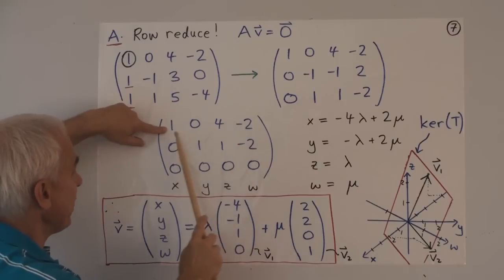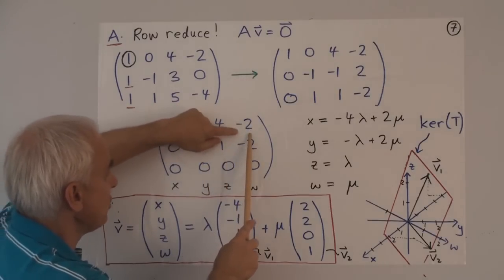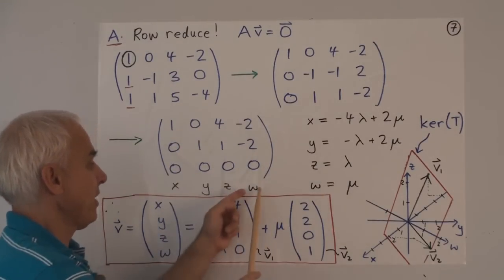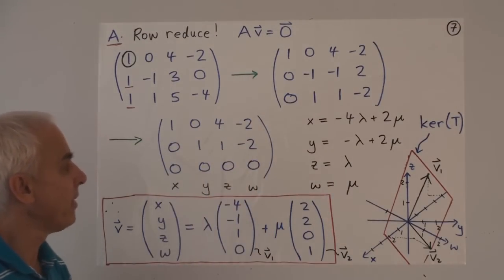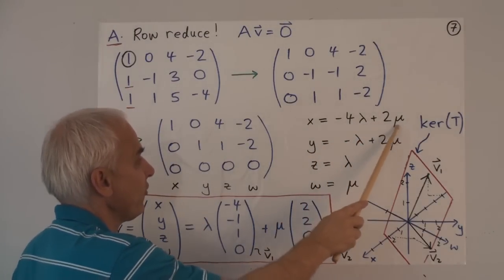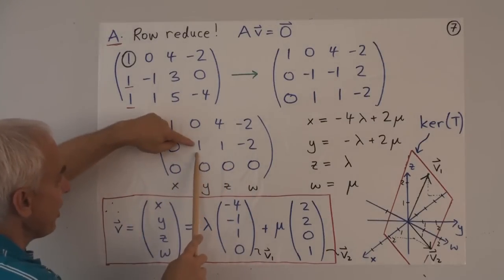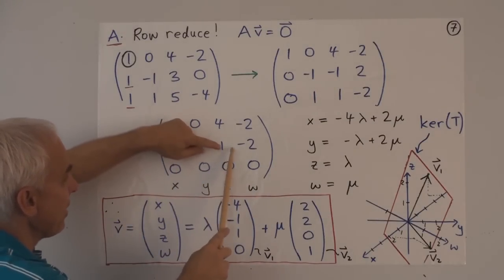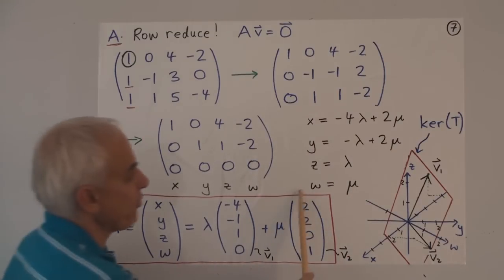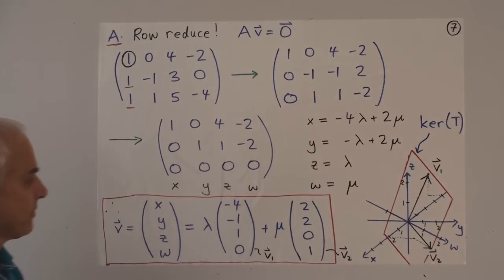So the first equation would read x plus 0y plus 4z minus 2w equals 0. And if z is equal to lambda and w equals mu, then we can rewrite that as x equals minus 4 lambda plus 2 mu. And the second equation would give us y equals minus lambda plus 2 mu. So in terms of the two parameters, there's a description of the solutions.